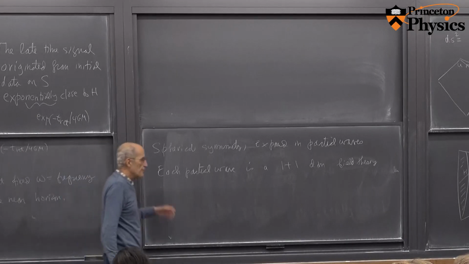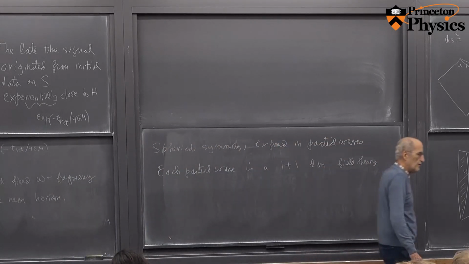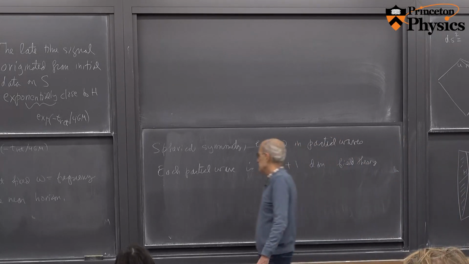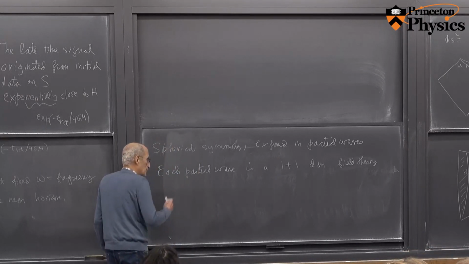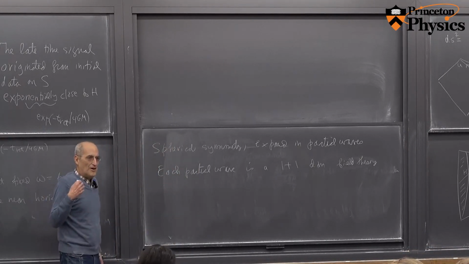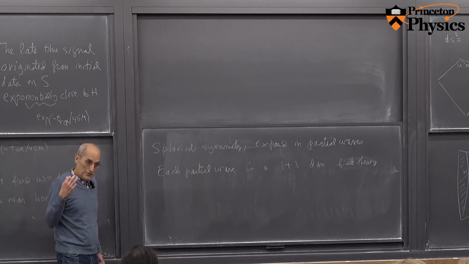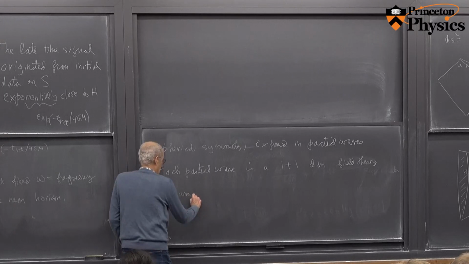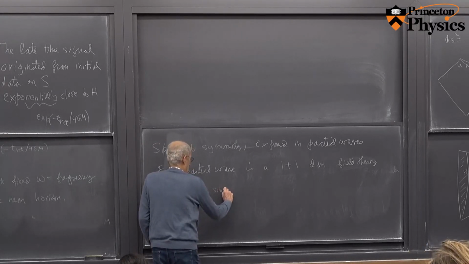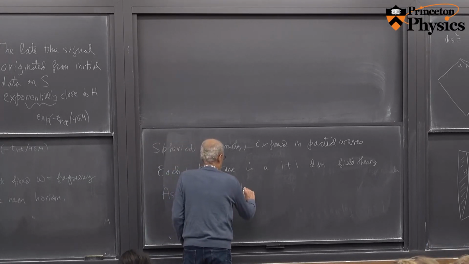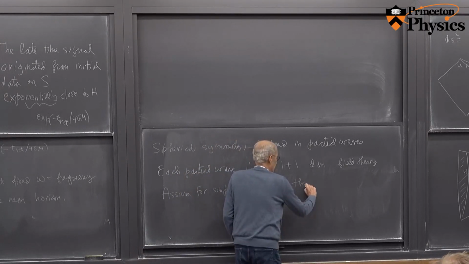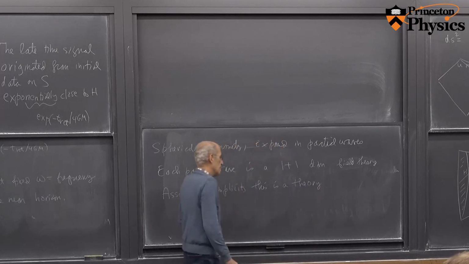So we start with a free field in d dimensions, but when we make a partial wave expansion, we get a free field in 1 plus 1 dimensions for each partial wave. And I'm going to assume, so we'll gradually see that the qualitative results don't depend very much on what that theory is. But we're going to assume for simplicity that it's the simplest kind of 1 plus 1 dimensional free field theory.